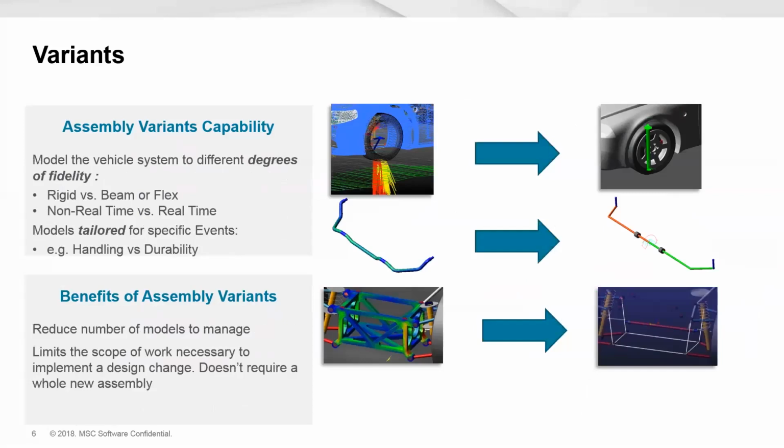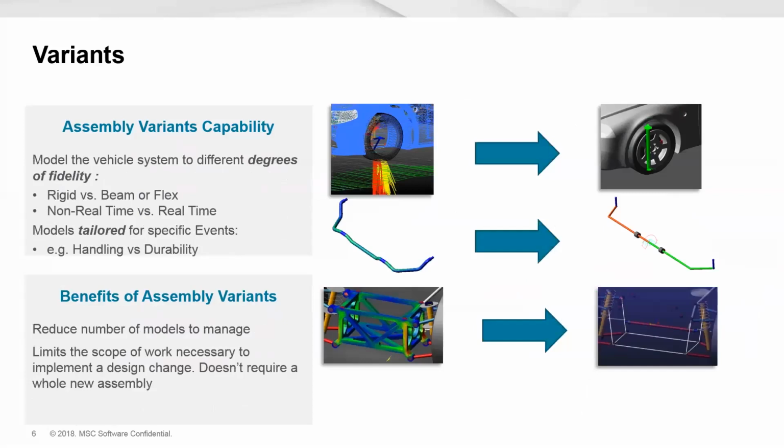Further, the real-time and non-real-time versions can be stored as separate variants in the same assembly file. Finally, we typically end up using different types of models for handling versus durability type events. And so models that are tailored for particular types of events can also be stored as variants within the same file. So the benefits, as you're probably starting to realize, would be a reduction in the number of models that you need to manage.